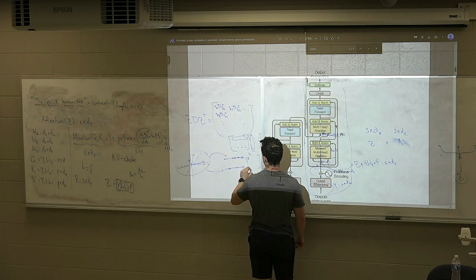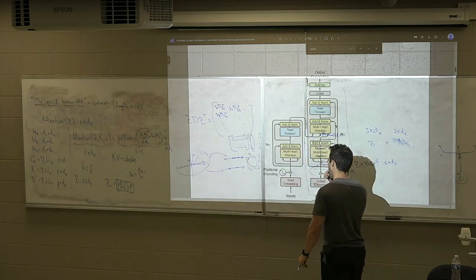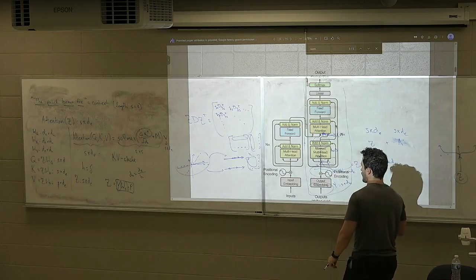As long as you're not on the last part, it's the same. That's all the same. The QK transpose. And V stays mostly the same.